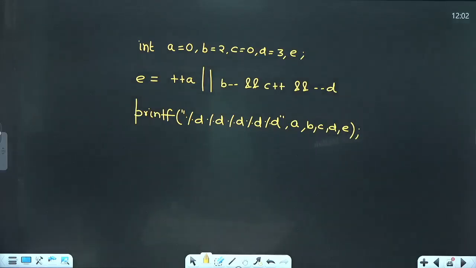Answer it quickly. Okay. Please solve it. We will discuss this in the coming class.